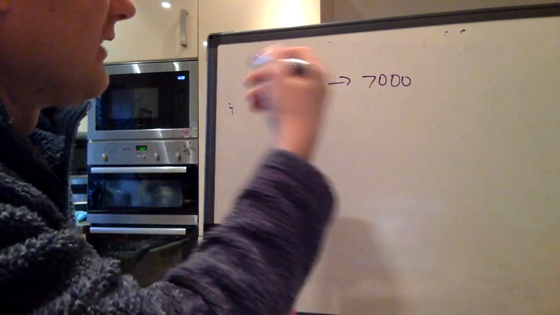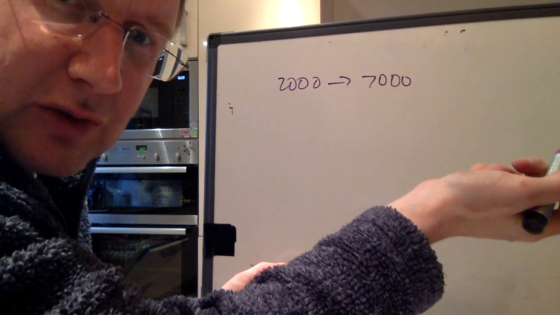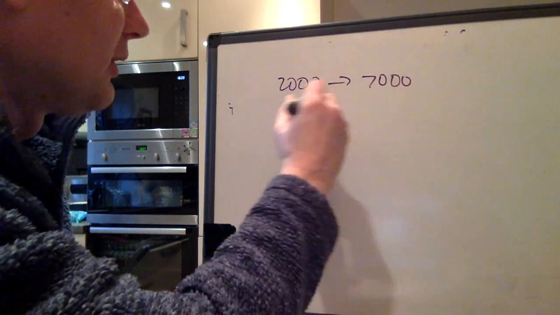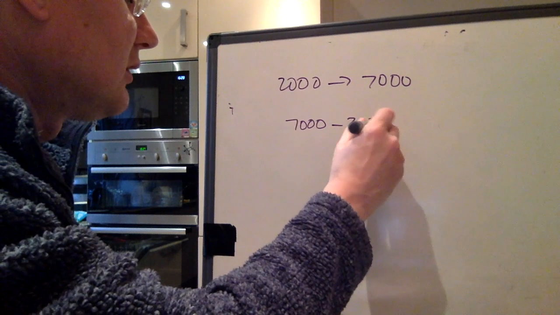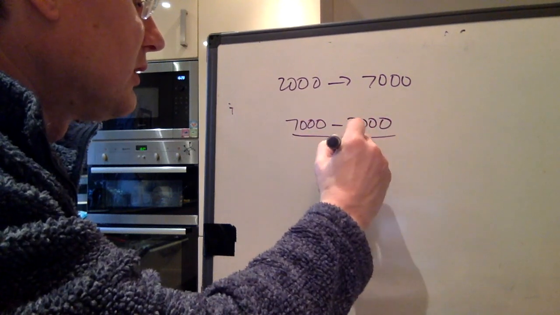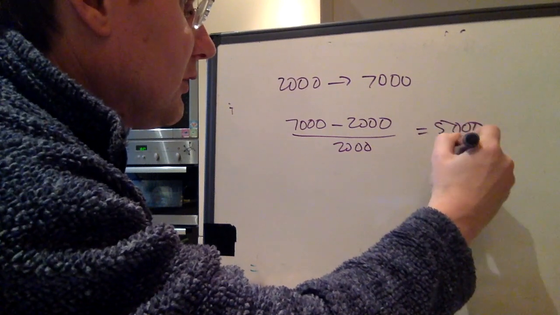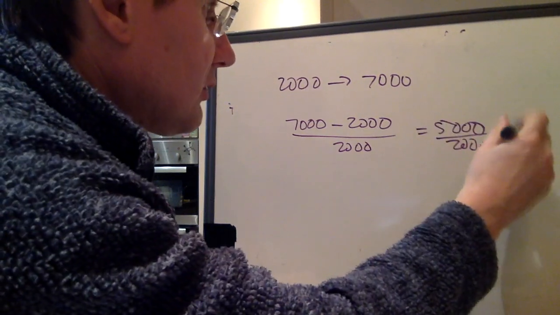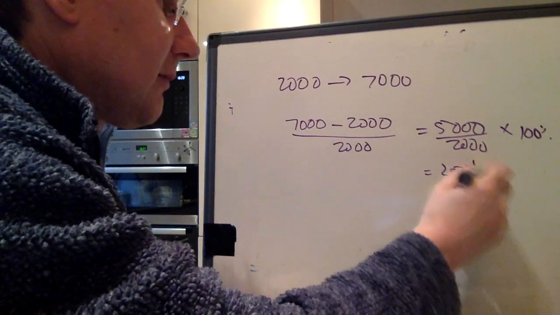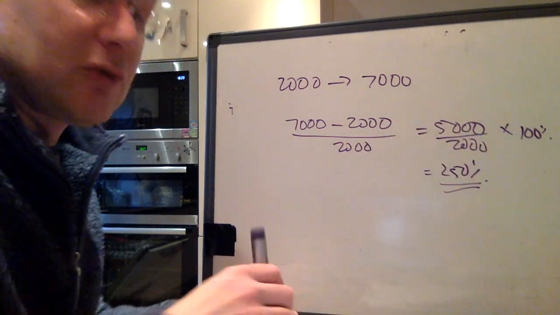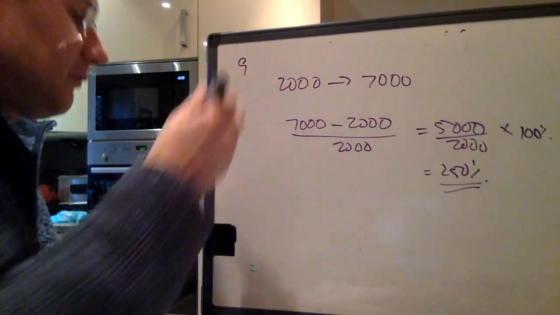Because if something doubles, that's 100%. If it triples, it's 200%. And the way to do it is just do it properly. The change is 7,000 minus 2,000 over the original of 2,000. That's 5,000 over 2,000 times 100%. Therefore, that's 250%. So not 300%. So that was question 9.